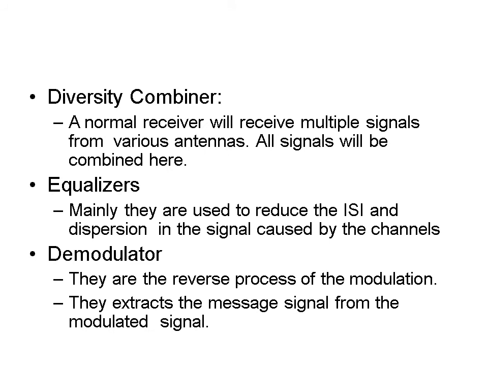The diversity combiner, that is a normal receiver, will receive multiple signals from various antennas. All signals will be combined here. Then the equalizer is mainly used for reducing the ISI and dispersion in the signal caused by the channel. Then the demodulator will reverse the process of modulation and also extract the message signal from the modulated signal.